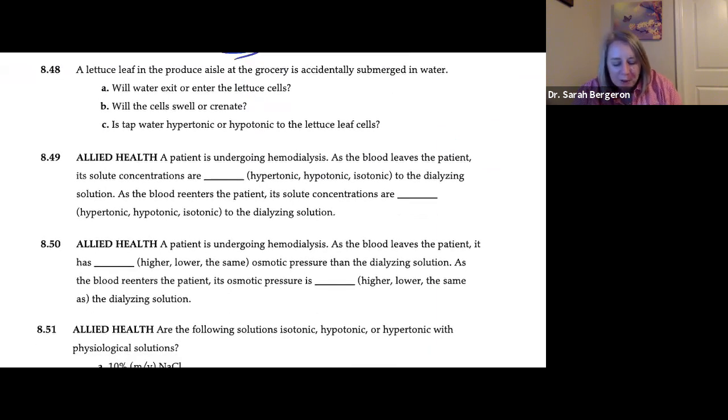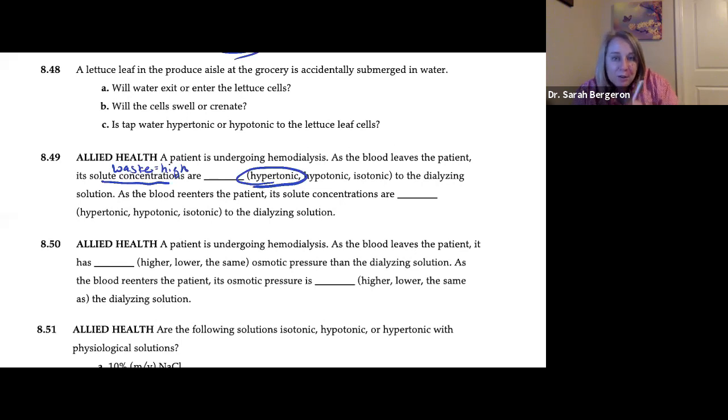All right, we have a patient undergoing hemodialysis. As the blood leaves the patient, its solute concentrations are, well, they've been living, right? So their blood has been picking up waste products. Their solute concentrations are waste. So they are a high concentration. If you have a high concentration of that solution, then you're going to be hypertonic, right, to the dialyzing solution.